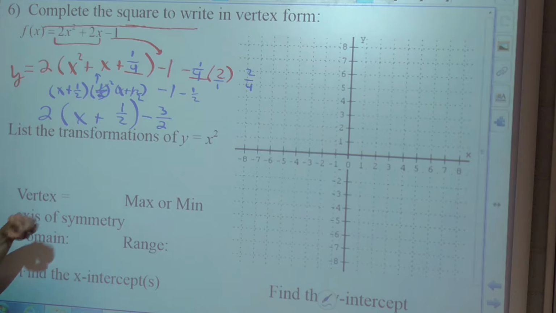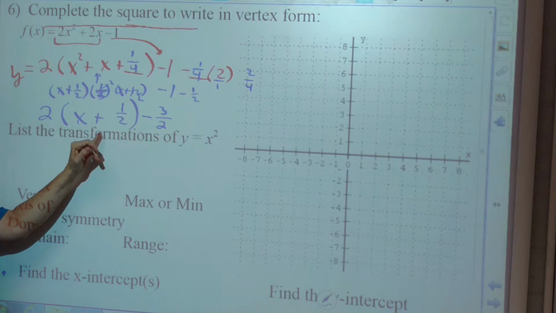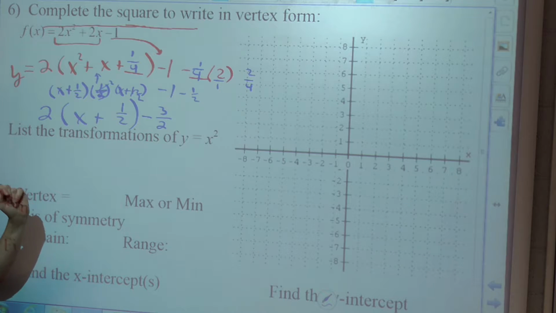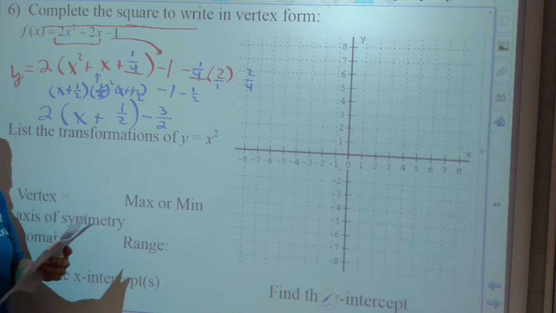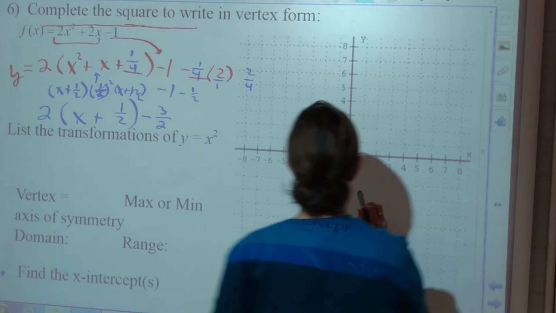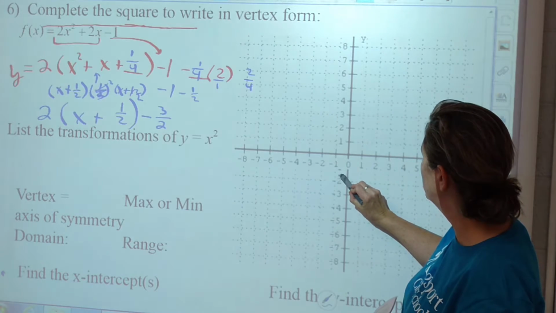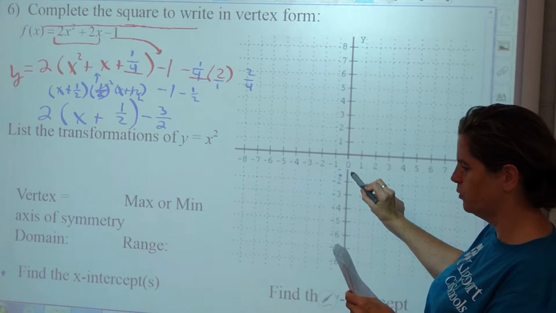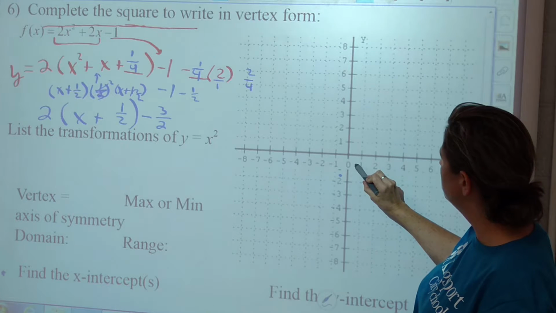If I'm graphing it, I know I have a vertex at -1/2, -1.5, or -3 halves. And I know it's a vertical stretch of 2. Right? Your graph, if you want to go ahead and try that one, would look something like that. And a vertical stretch of 2 would tell me to go over 1 and up 2.